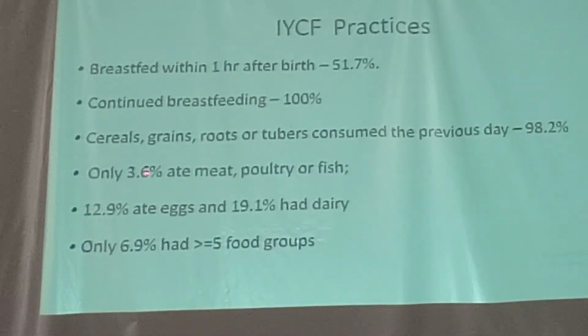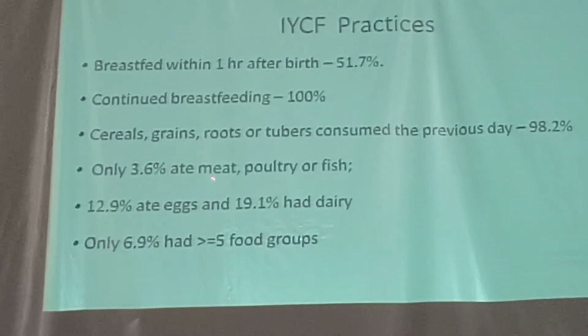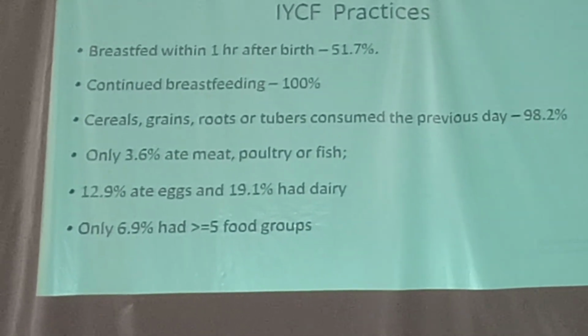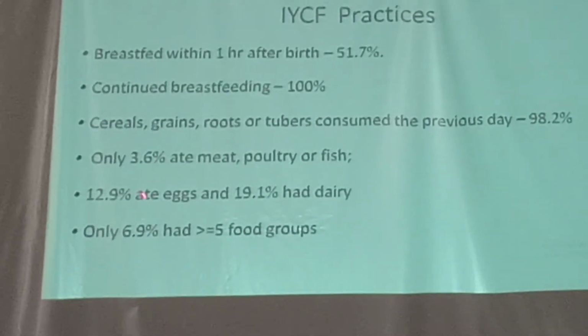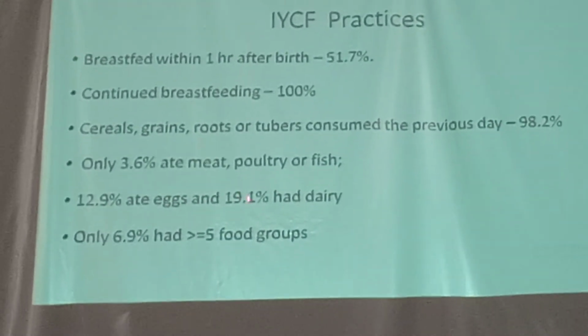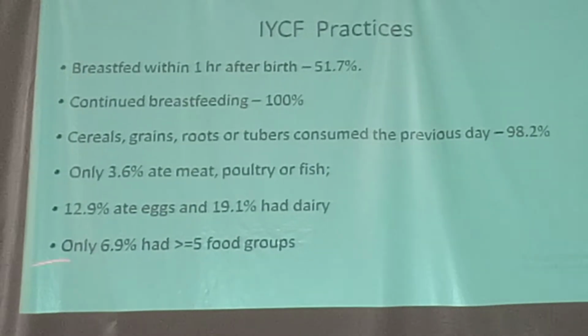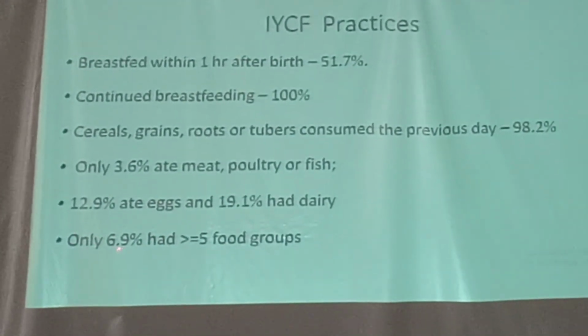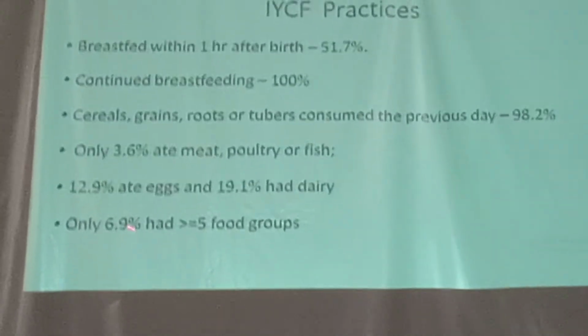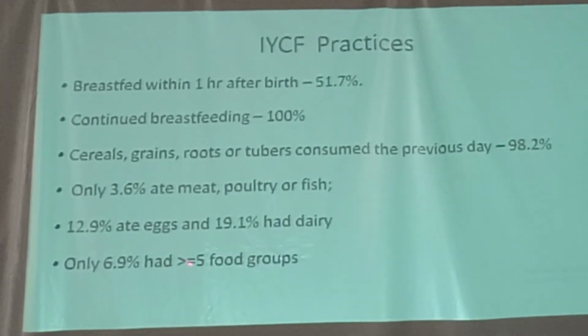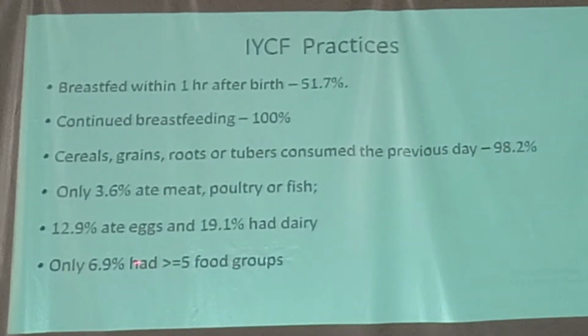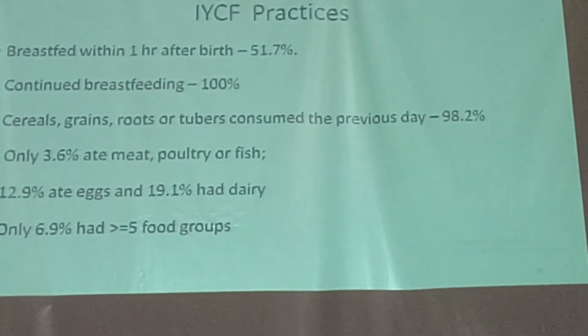Among those children, only 3.6% ate meat, poultry, or fish, 12.9% ate eggs, and 90.1% had dairy-based foods. Only 6.9% had 5 or more food groups out of 8 food groups.